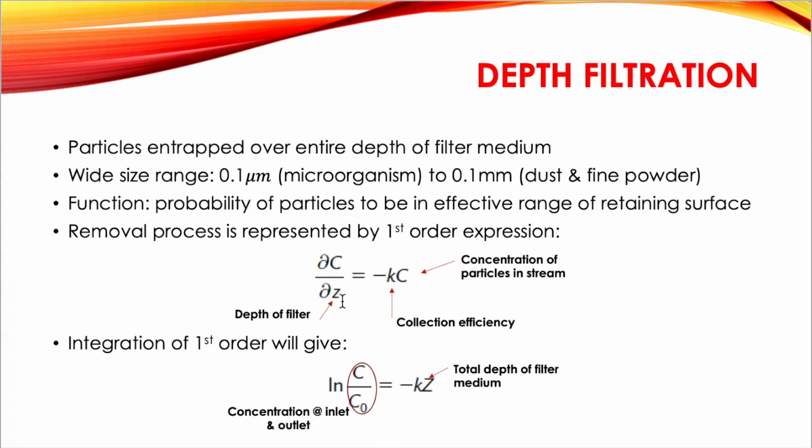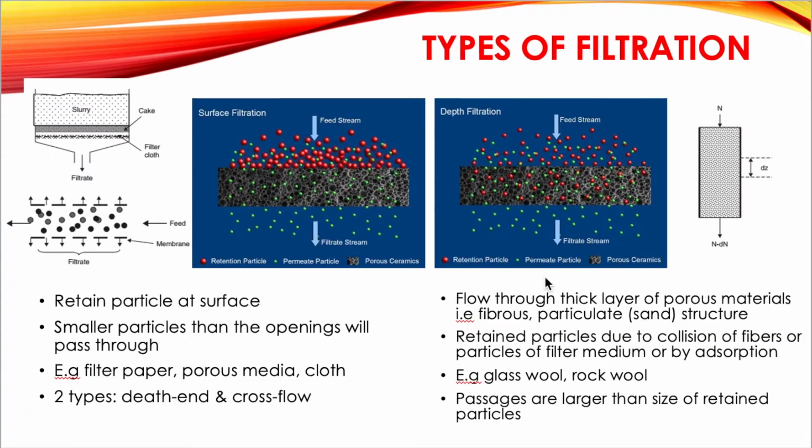Removal process is represented by the first order expression, that is dC over dZ, where Z is the depth of the filter, equals minus K C, where K is the collection efficiency, and C is the concentration of particles in the stream. So delta C is the difference in concentration that passes through a certain depth of the filter, if you remember here.